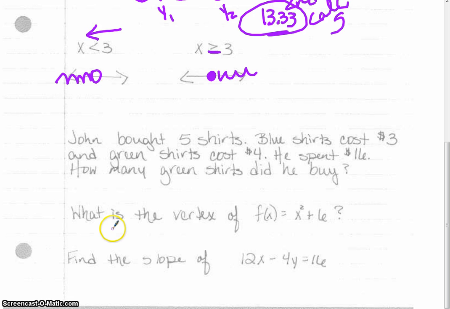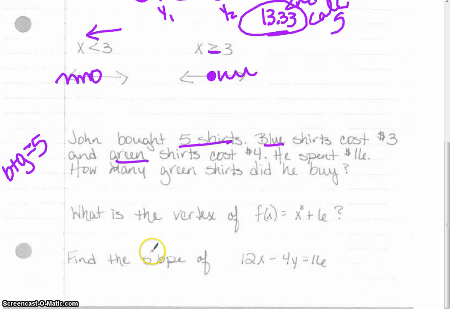All right, John bought 5 shirts. Blue shirts cost $3 and green shirts cost $4. He spent $16. How many shirts did he buy? All right, this is definitely going to show up. This is a system of equations. We're talking about blue shirts and green shirts. So B plus G equals, how many shirts did he have? 5 shirts.